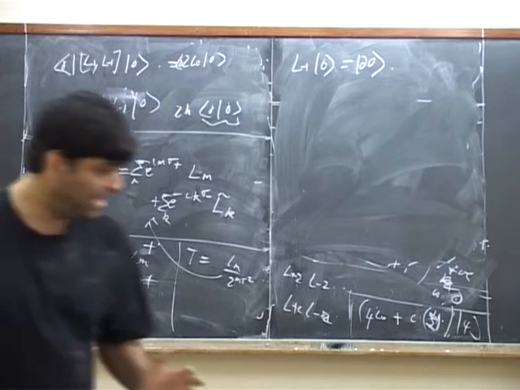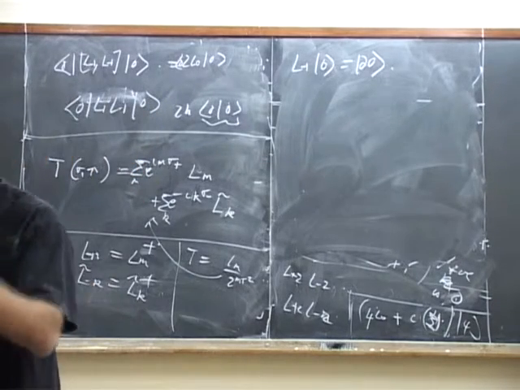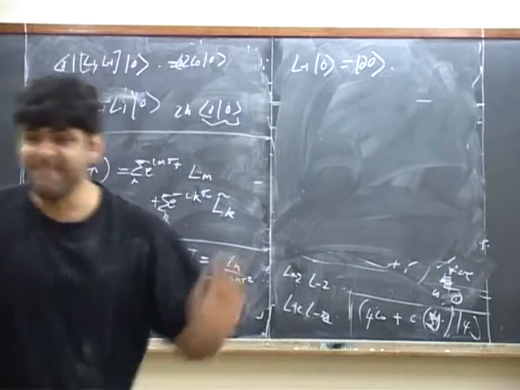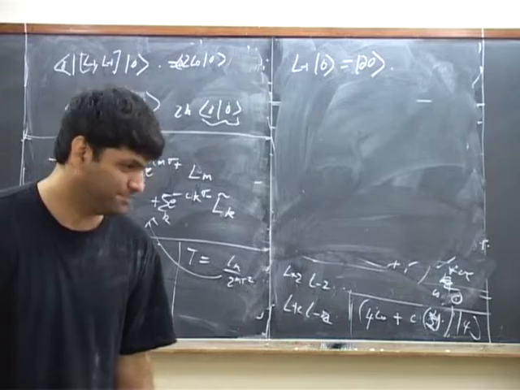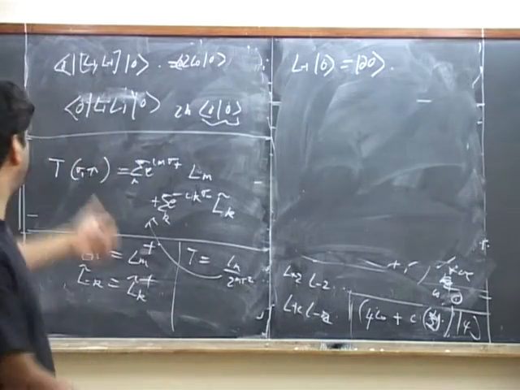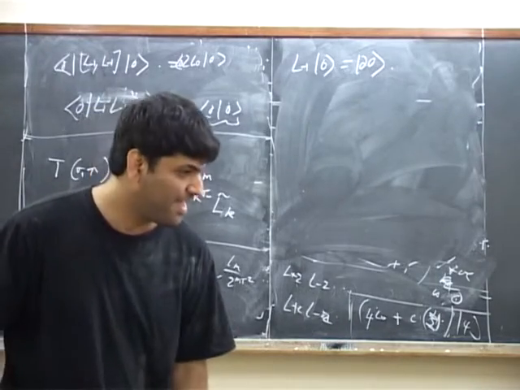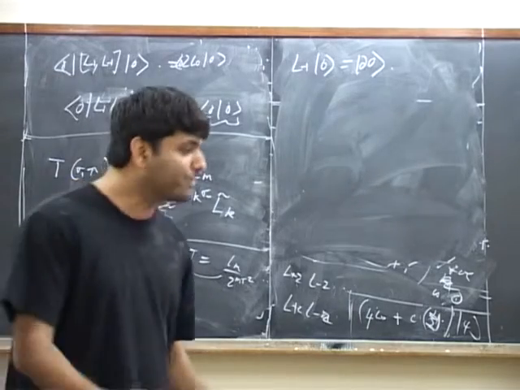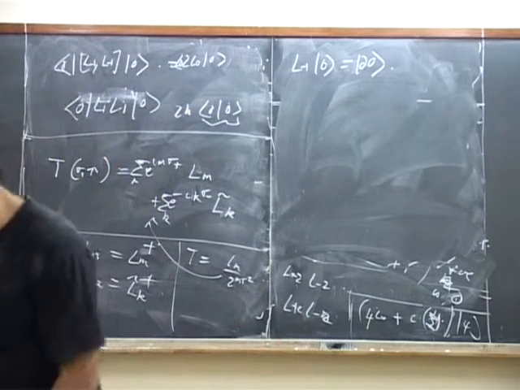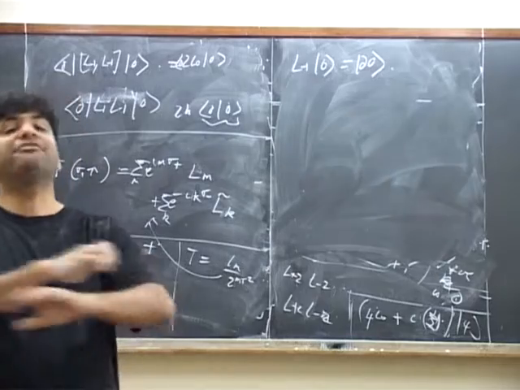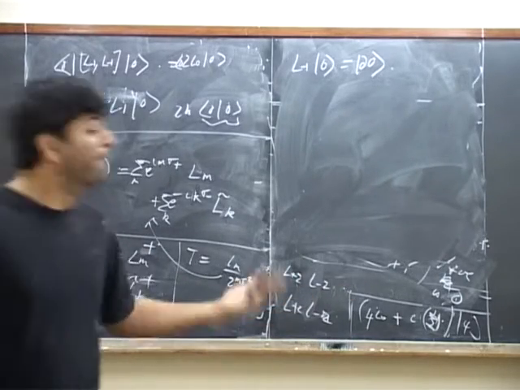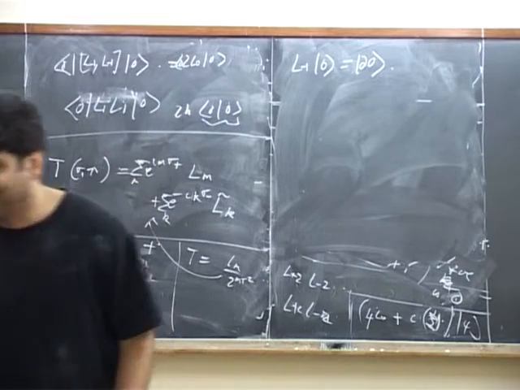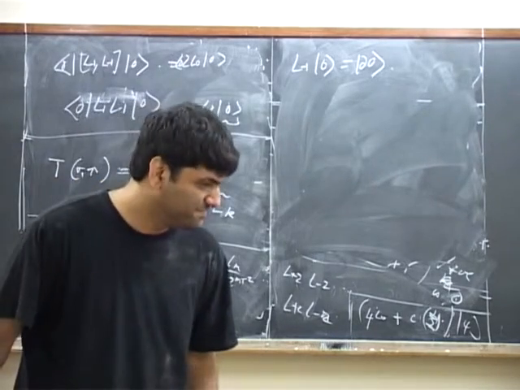An operator has 0 holomorphic weight if and only if that operator is anti-holomorphic. Del O, the holomorphic derivative of that operator, is 0. And an operator has both 0 holomorphic as well as 0 anti-holomorphic weight if and only if that operator is a constant. There's only one constant operator, it's a number.